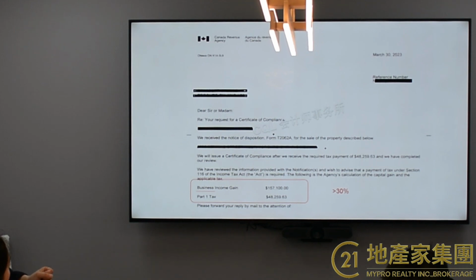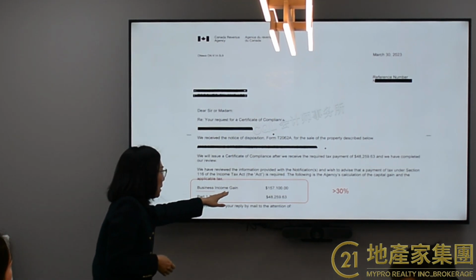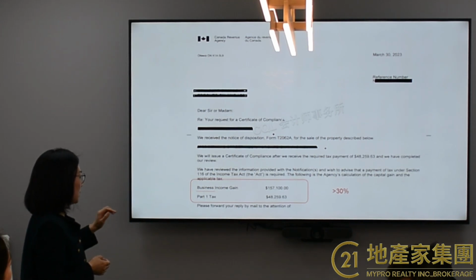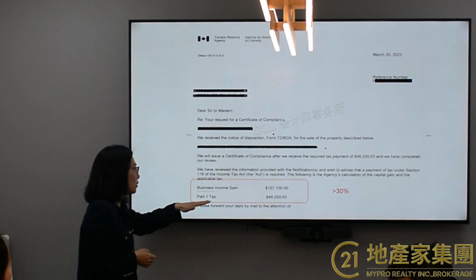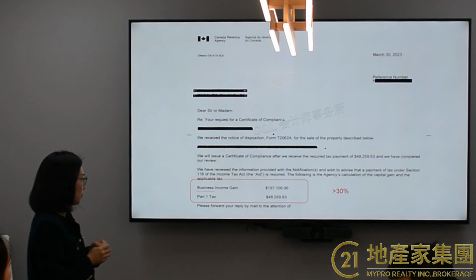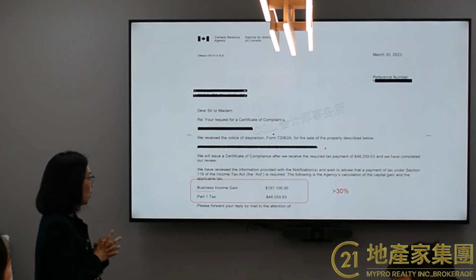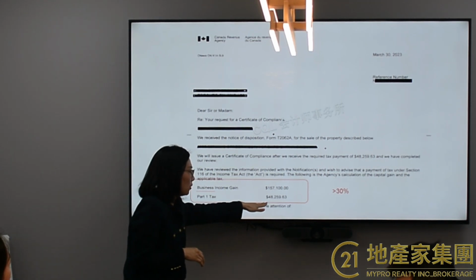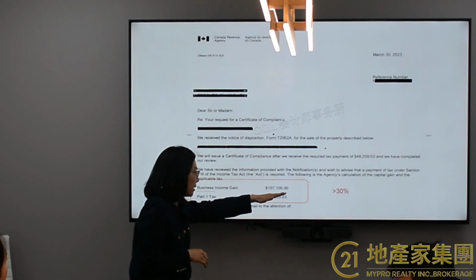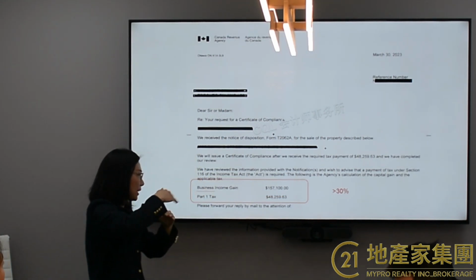The revenue agency says the accountant calculated the business income as this amount. So the business income withholding tax is not capped at 25%, it's not the capital gain tax withholding. It's around 30%, sometimes even higher. It's the basic tax bracket rate.